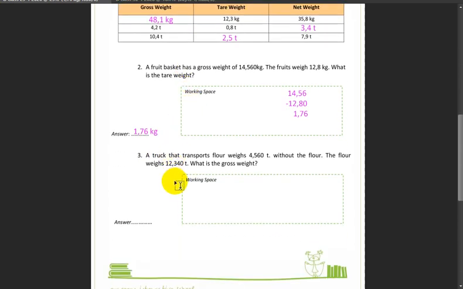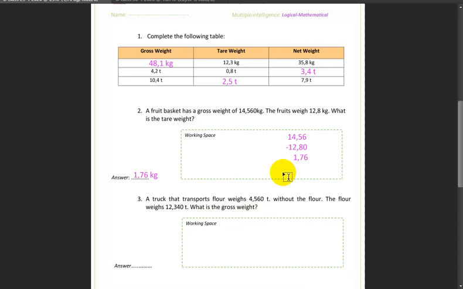Next up, we have a truck that transports flour, and it weighs 7.56 tons without the flour. So the empty truck weighs 4.56 tons. The flour weighs 12.34 tons, and it's asking us what is the gross weight.